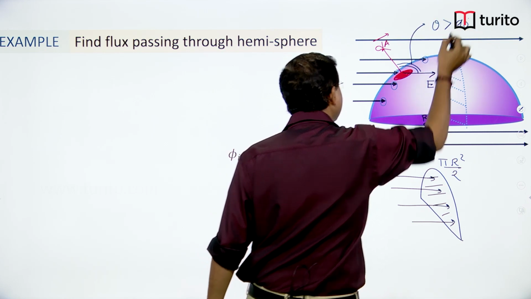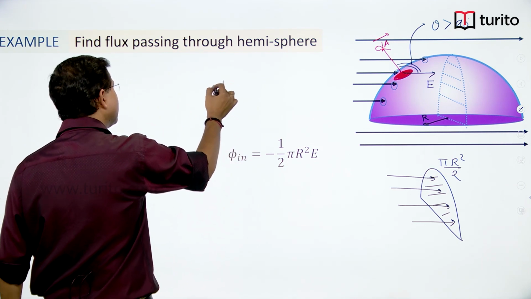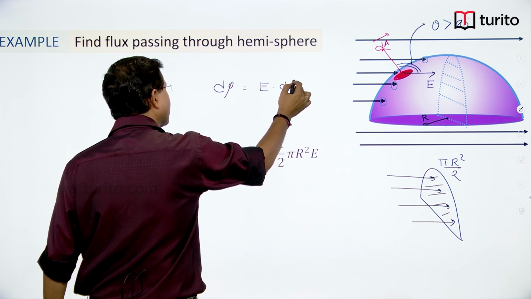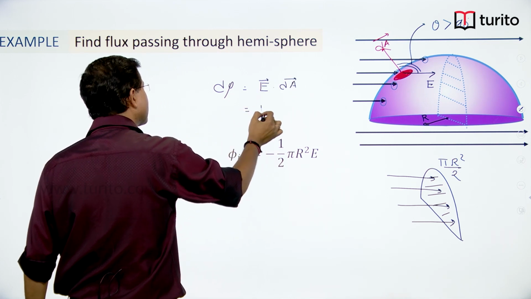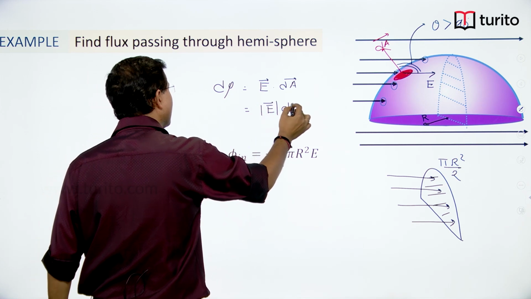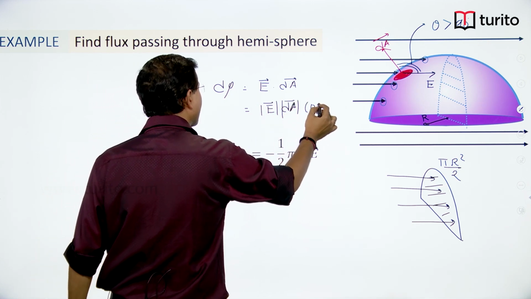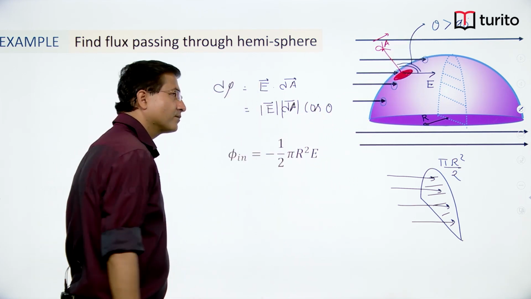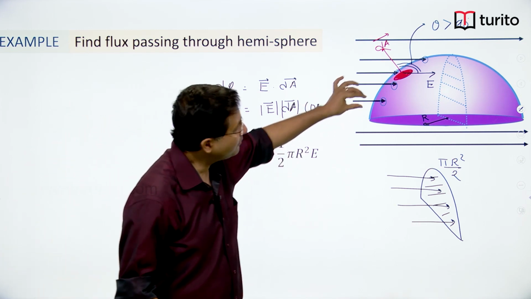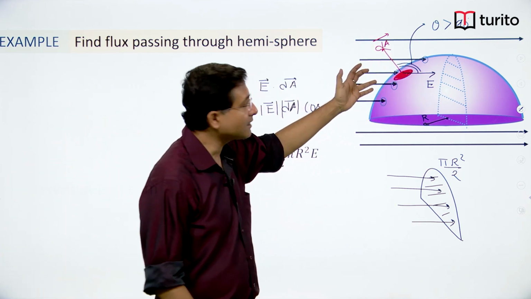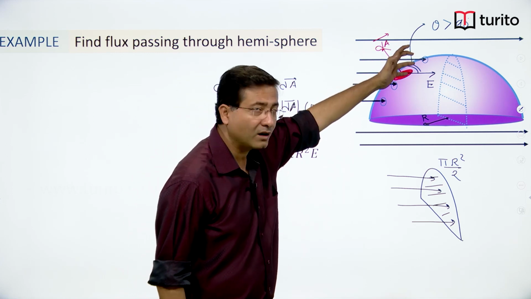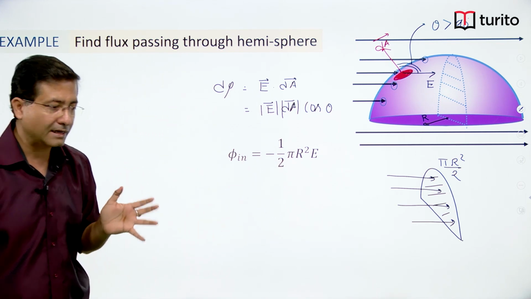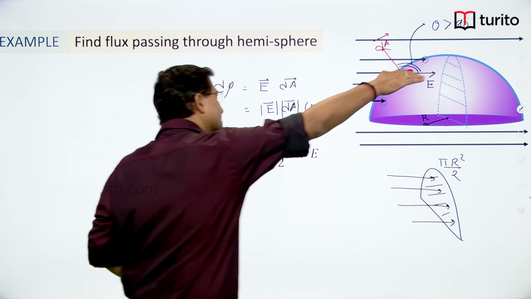If theta is greater than 90, then d phi is equal to E dot dA, and this can be written as mod E, mod dA, cos angle. If this angle is greater than 90, this whole value will become negative. So all such elements which are on this side will have negative flux. You add all negative, what you will get? Total negative flux.